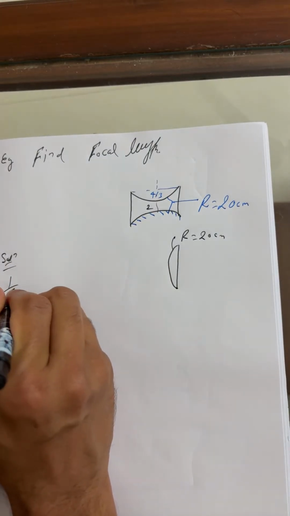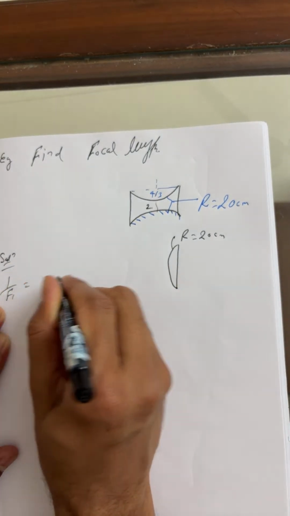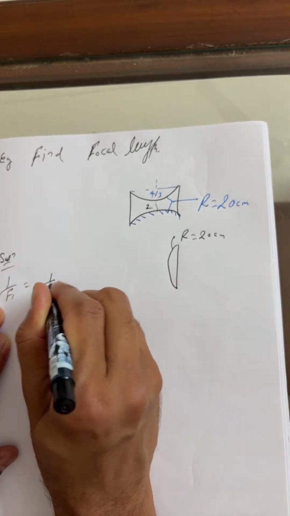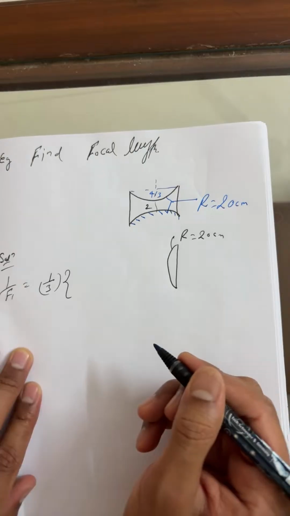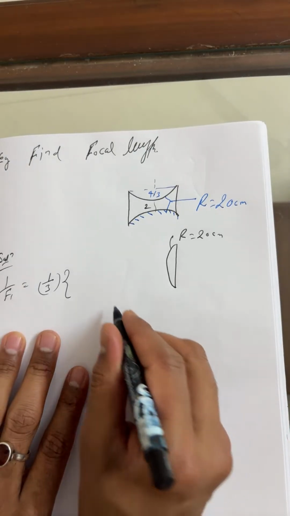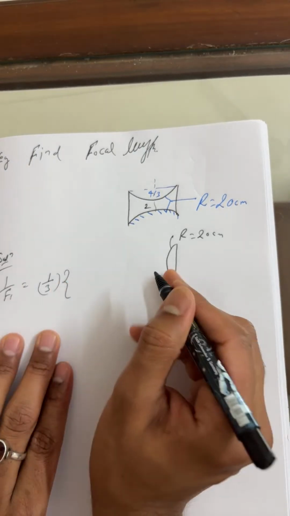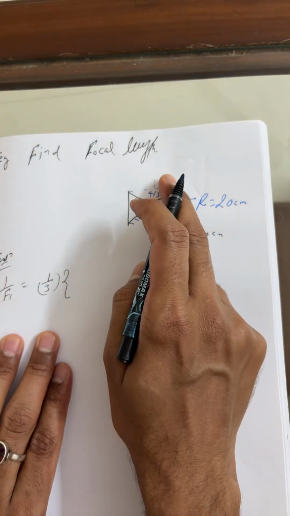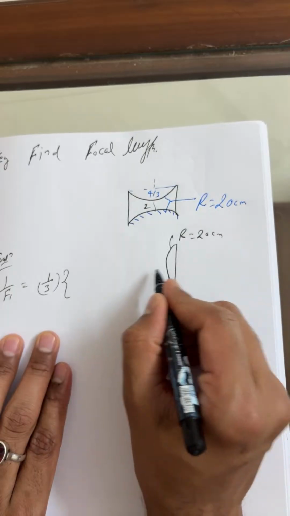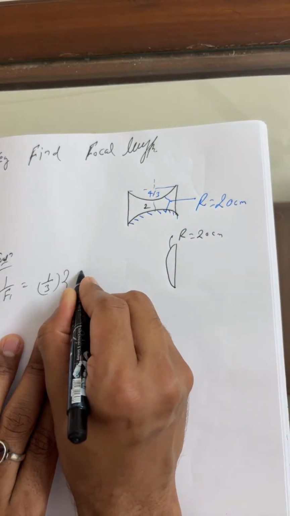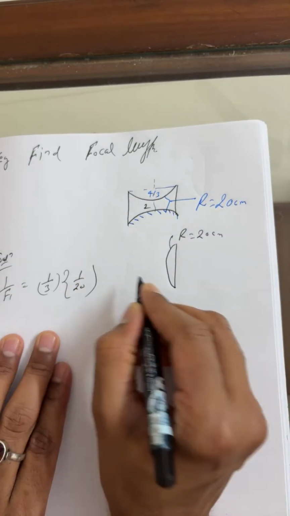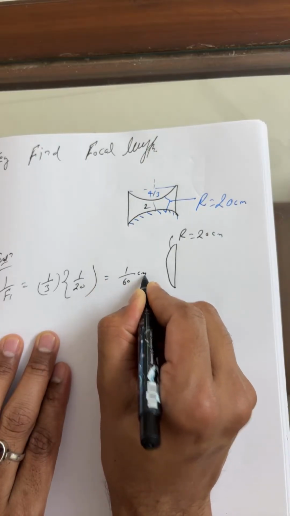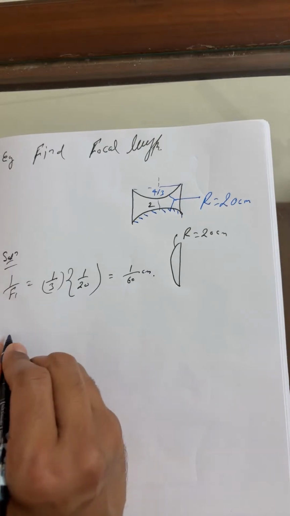So first I'll write 1 upon f1 equals mu minus 1, so 4 by 3 minus 1, which is 1 by 3, times 1 upon R1. R1 is 20, so this is 1 by 20. So 1 upon f1 is nothing but 1 upon 60.